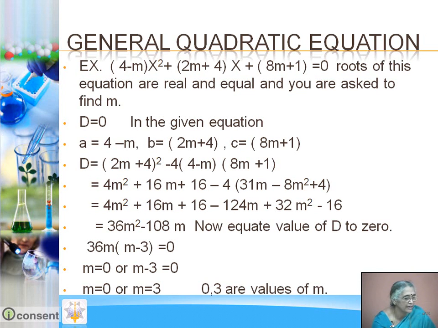And simplifying this, we get 36m square minus 108m. Now we'll equate this value to 0. So 36m square minus 108m is equal to 0. So we take 36m as a common. So 36m into bracket m minus 3 is equal to 0. That gives you m is equal to 0 or m minus 3 is equal to 0. That means value of m is either 0 or 3.